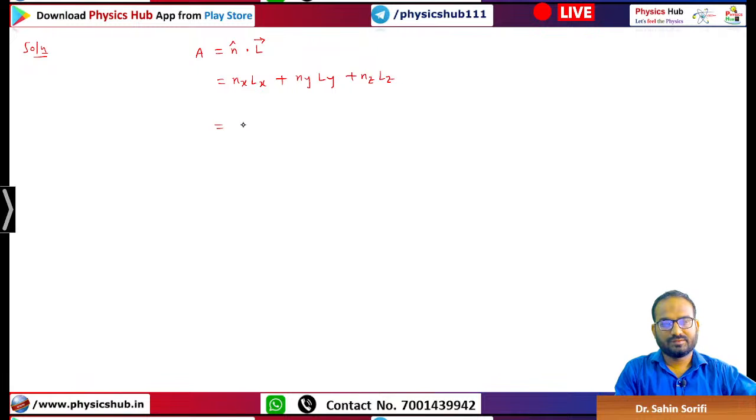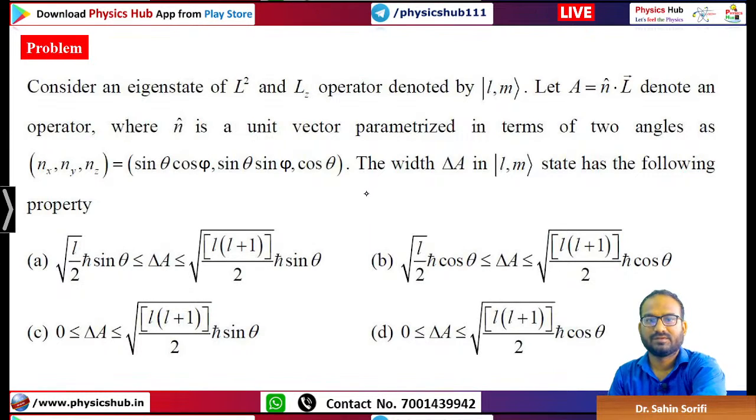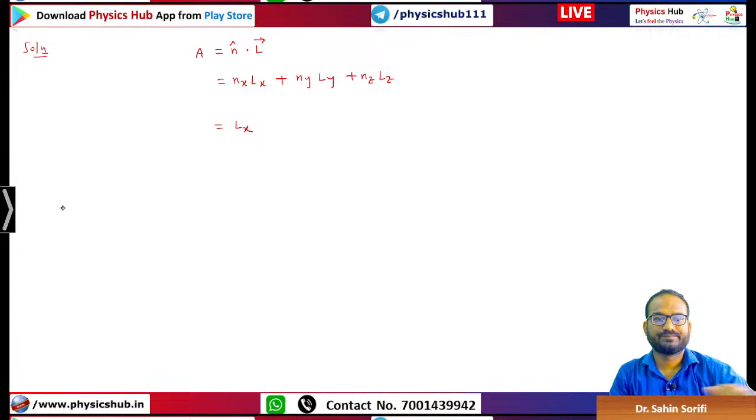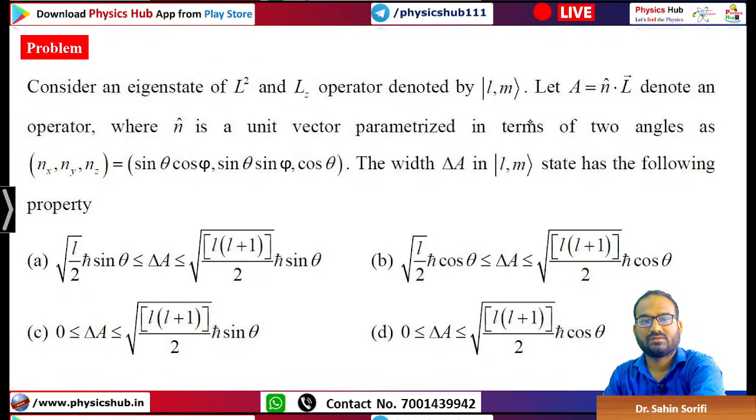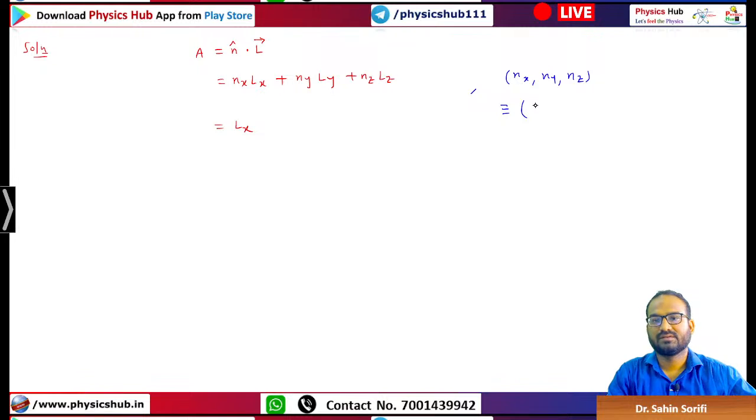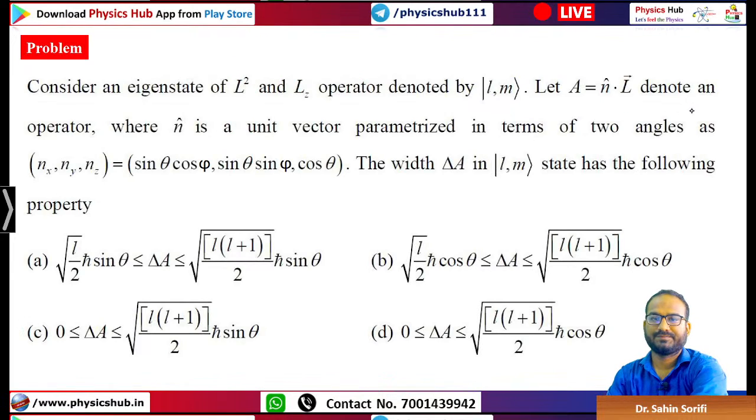Here nx, ny, nz are given in terms of theta and phi as sin theta cos phi, sin theta sin phi, and cos theta, right?